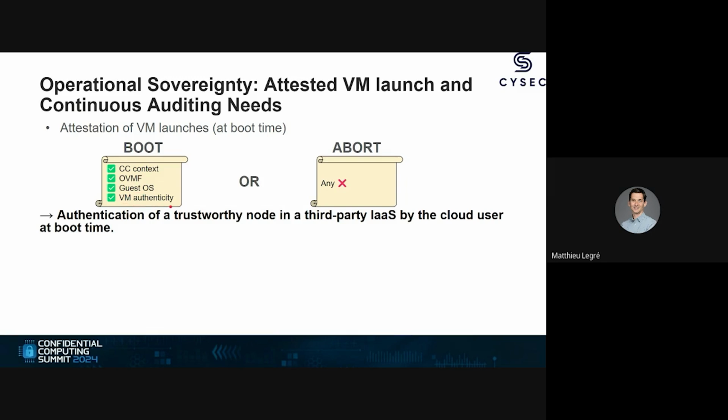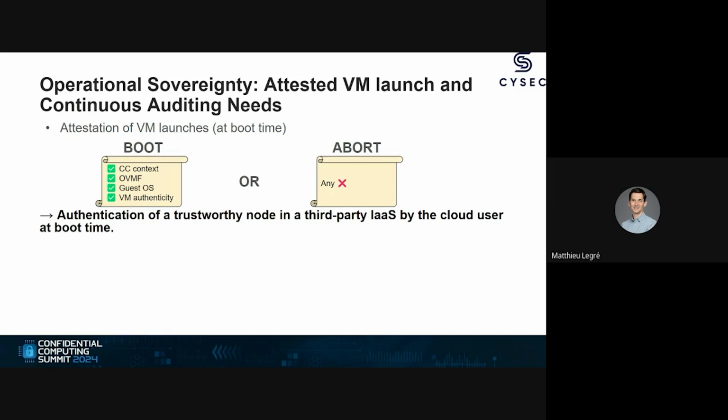What does it mean? It means that the instance that is booted is indeed the one that was prepared by the customer. And if one of those four items is not valid, then the system will just abort the launch or the boot of the VM.